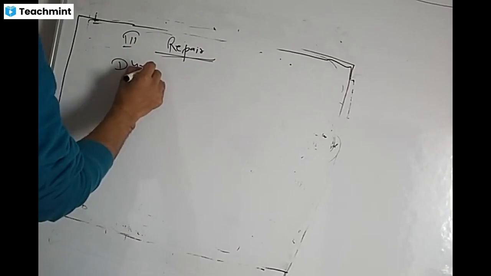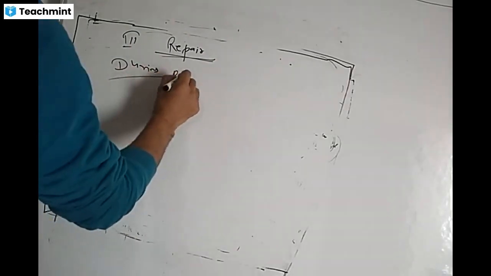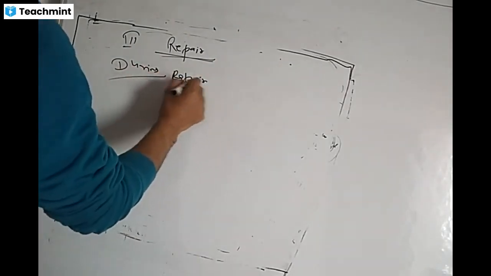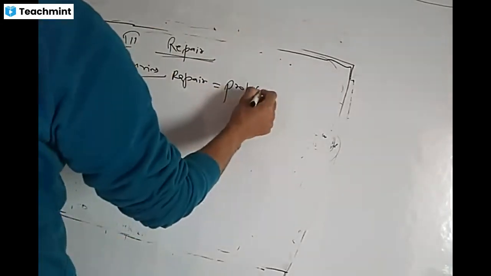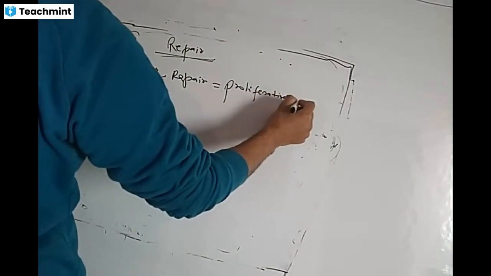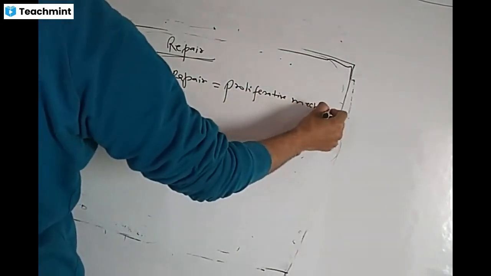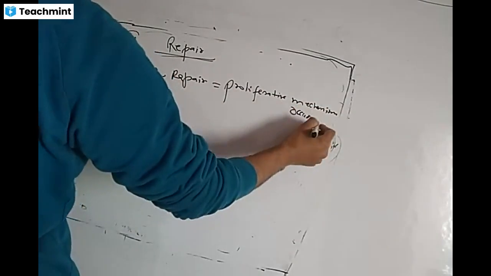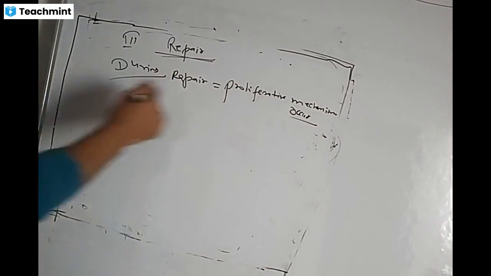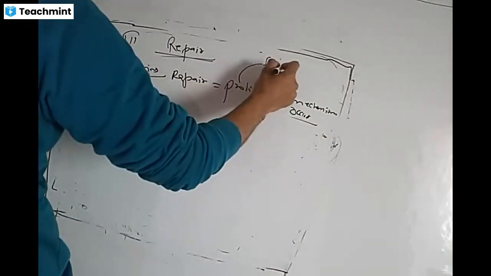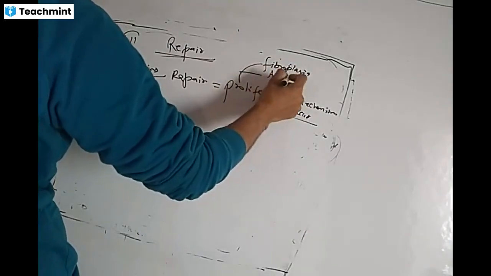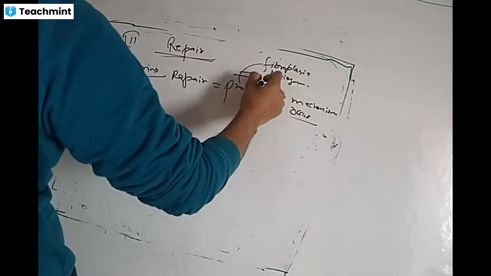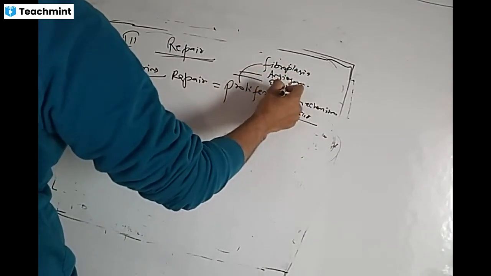According to books, during repair phase, proliferative mechanisms occur. Some proliferative mechanisms occur, like first fibroplasia, second angiogenesis, third epithelialization.